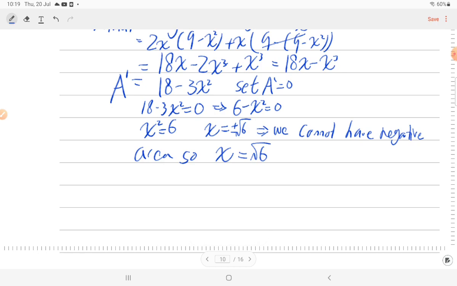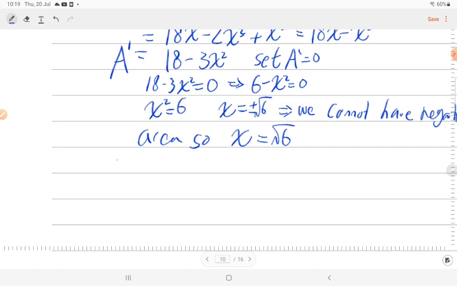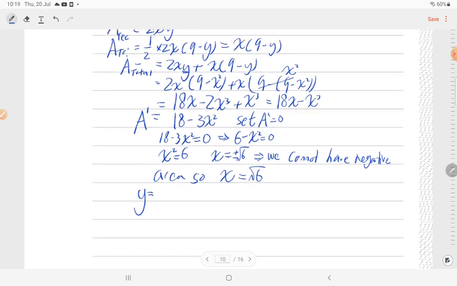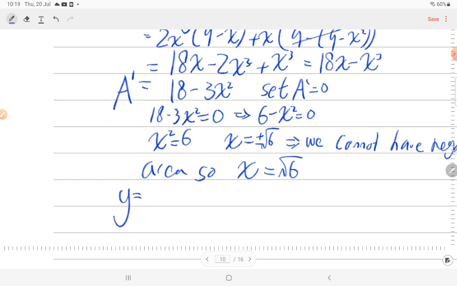So y is equal to 9 take away x squared, and plugging in x gives us y equals 9 take away root 6 squared, which is equal to 9 take away 6, which is equal to 3.